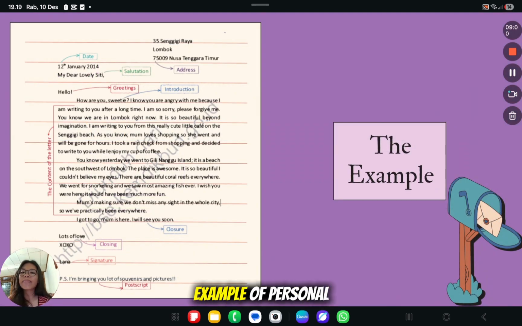This is the example of personal letter. So, Nusa Tenggara Timur is the address. 12th January 2014 is the date. My dear lovely Sitti, is the salutation. Hello, greetings. How are you, sweetie? is the introduction. From "I know" until "everywhere" is the content of the letter, or body.